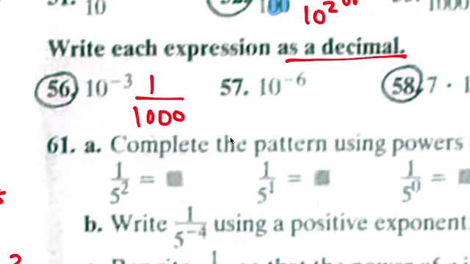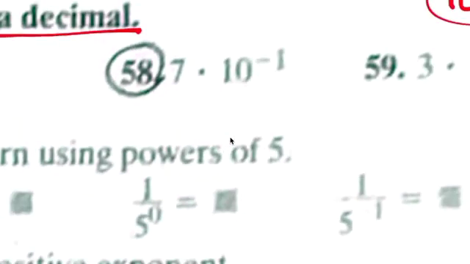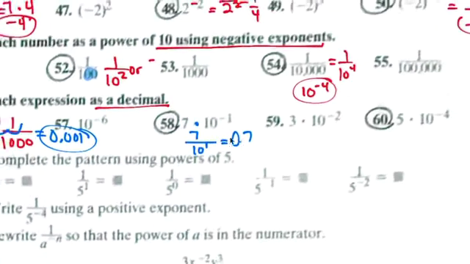Okay, number 56 as a decimal. Okay, this is 1 over 1,000, right? And 1,000 with 3 zeros, so you move the decimal 1, 2, 3 places. So this is actually 0.001. Okay, this is 7 over 10 to the first power, or 0.7 if you divide that.